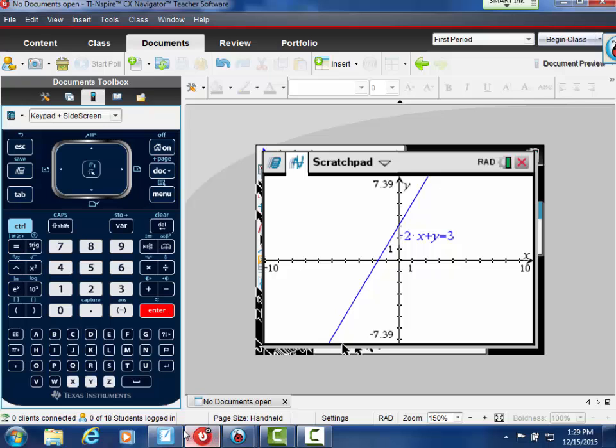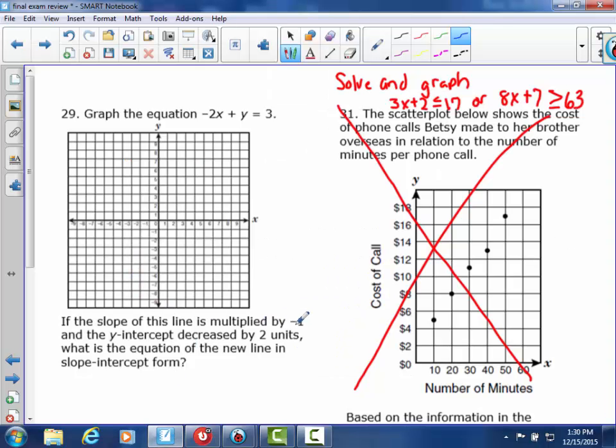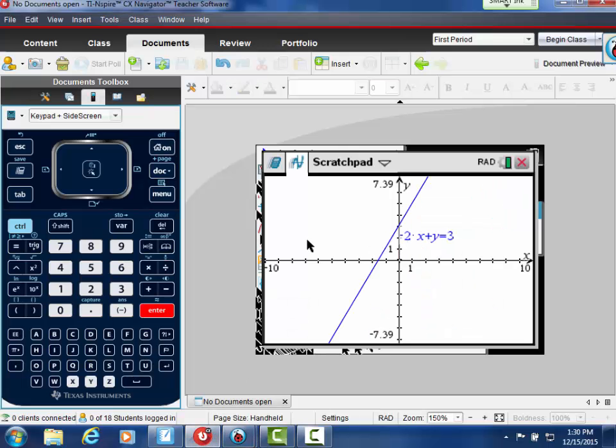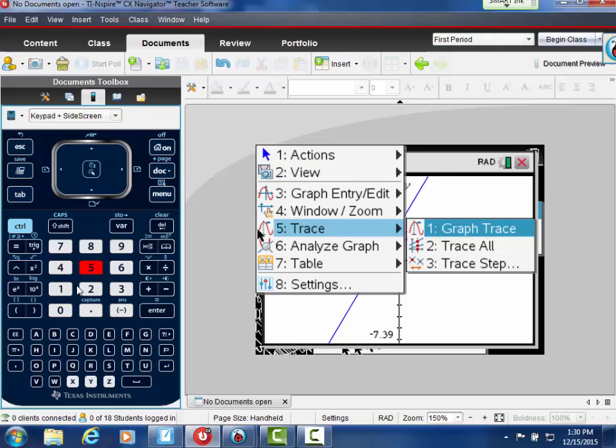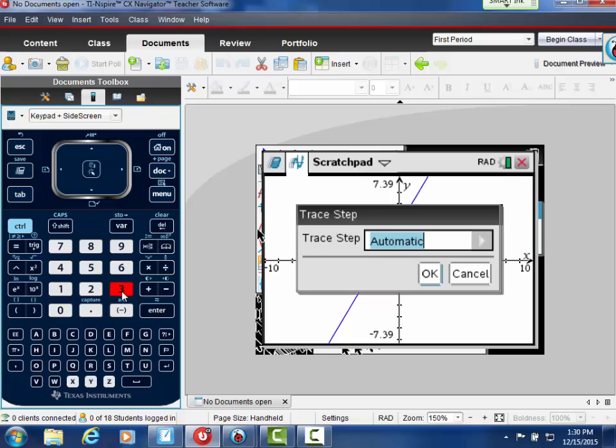Okay, but then underneath it says the slope of the line is multiplied by -1. Well, I don't currently have the slope on there, so here's what I'm going to do. I'm going to use my calculator to figure out what the slope is. Okay, so I can do that a couple of different ways. One way I can do it is to trace, menu 5, 3, 1, enter.